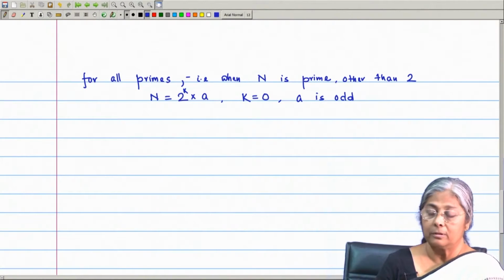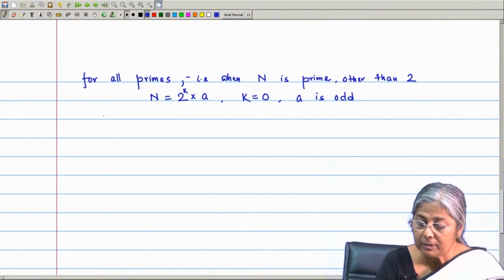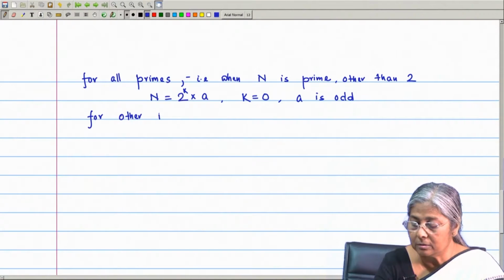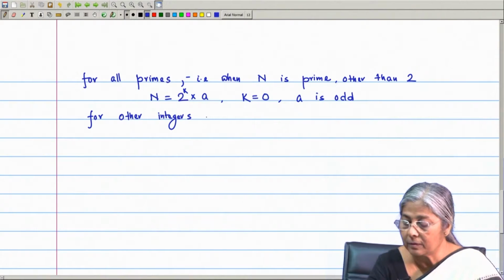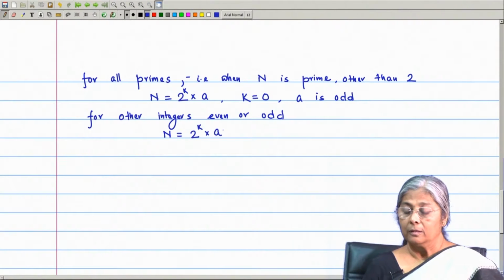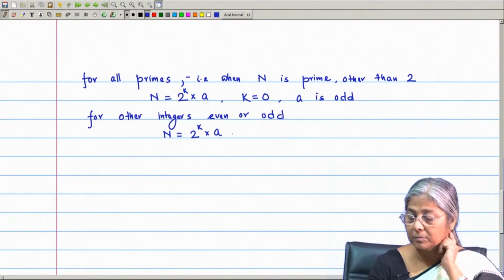and a is odd. And for all other integers, even or odd, we can represent n as 2 to the power k into a, where a is an odd number.